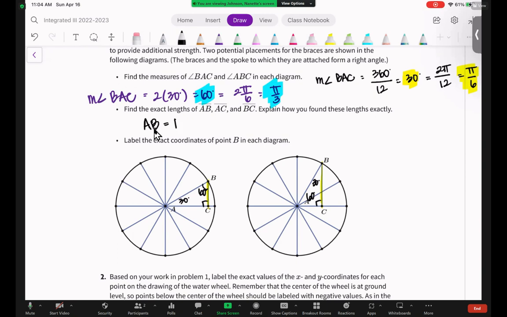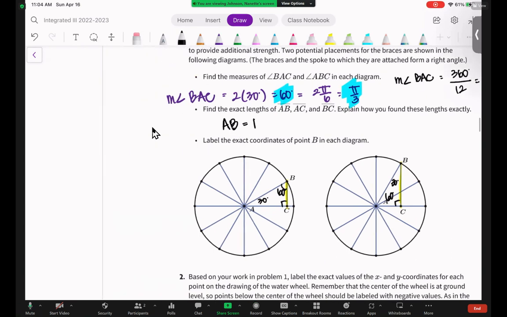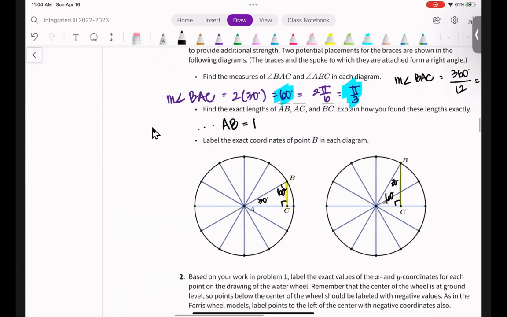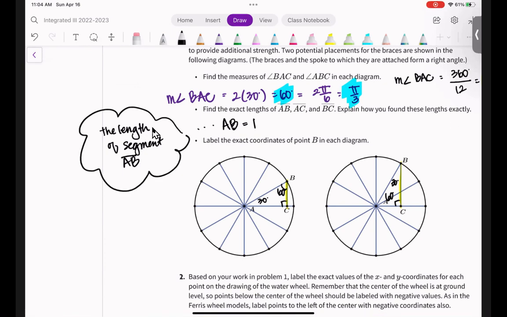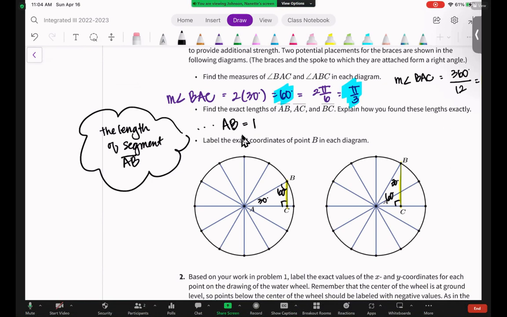If we take the hat off, that's talking about the length of that segment. So this right here is actually telling you the length of segment AB. Okay, so that's what that means, length of segment AB.